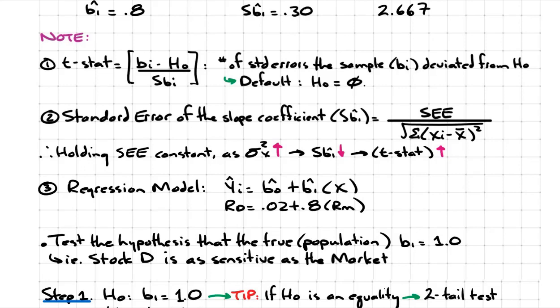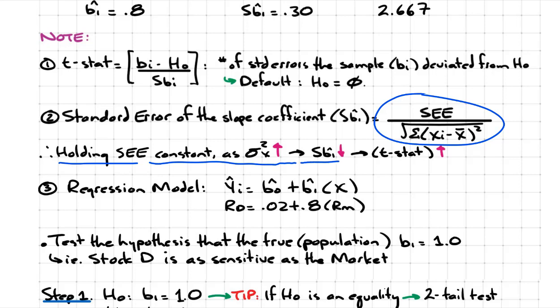And what we can see from this framework is that holding SEE constant, as the variance of the independent variable increases, the standard error for B1 will decrease. And where do we get variance increasing? If you look at this, when you're calculating the dispersion of individual values of x from its mean, you're actually calculating the variance for x itself. So that's the connection.